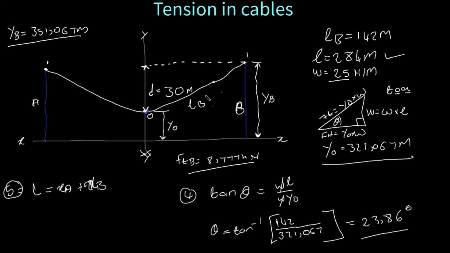Therefore, we can calculate the distance on one side and then multiply it by 2. Therefore, XB is equal to yo ln open bracket yb plus LB divided by yo close bracket.